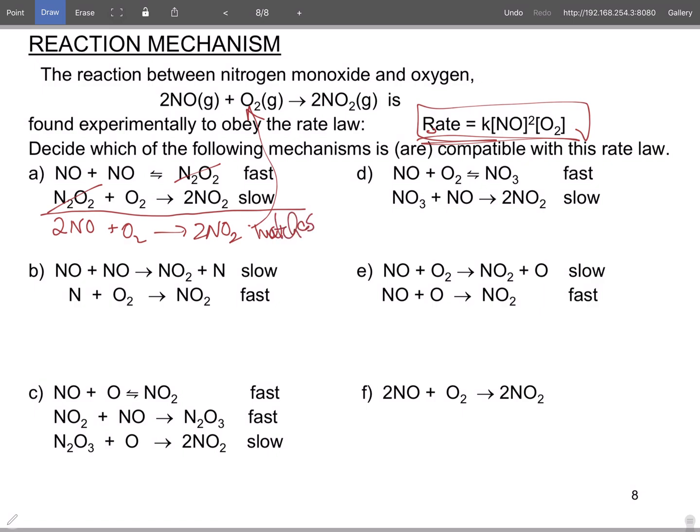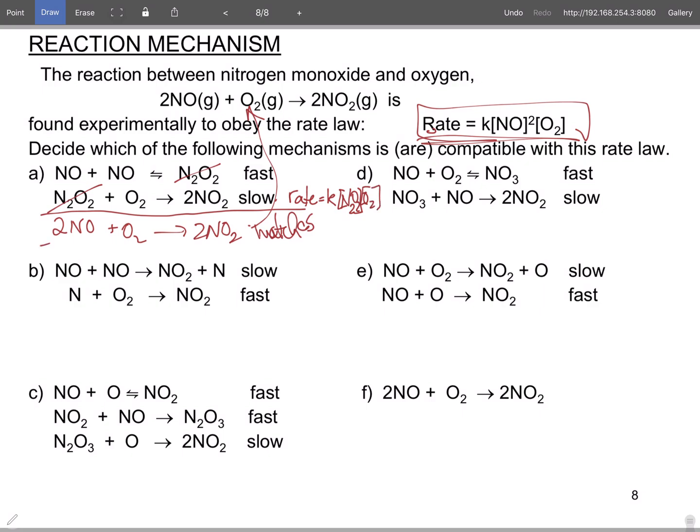But the slow step is going to determine your rate law. And for elementary reactions, that means that whatever is written is written. So according to the slow step, the rate is going to be equal to k times N2O2 times O2.